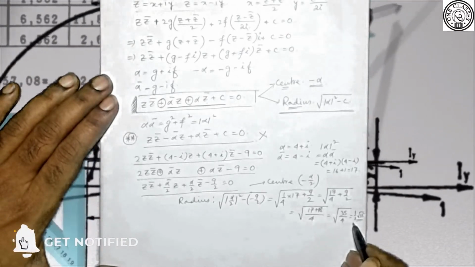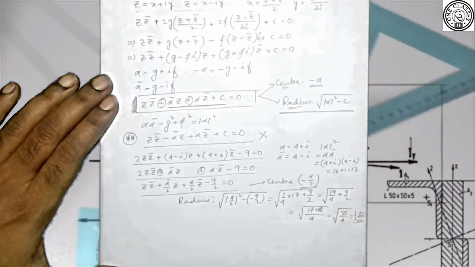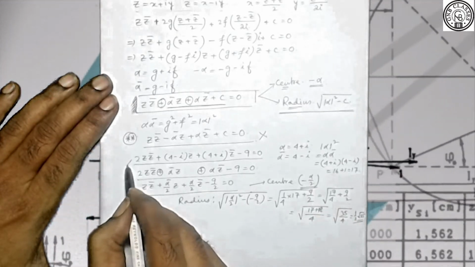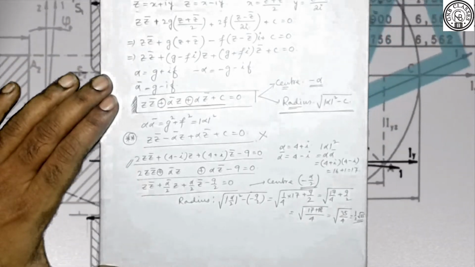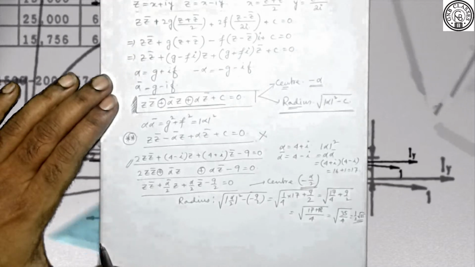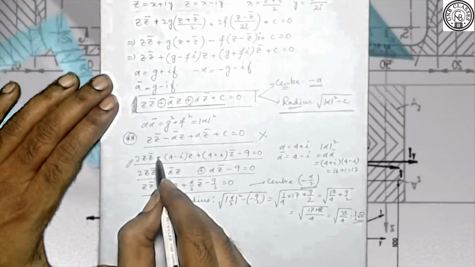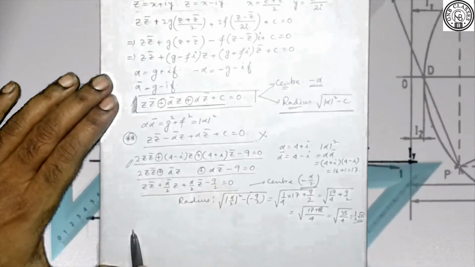So this is the radius and this is the center of that circle. Of which circle? Of this circle. So two things you must remember here. Whenever we are calculating the center and the radius of any circle, first thing that you must remember is that first you check whether these two signs are same or not.